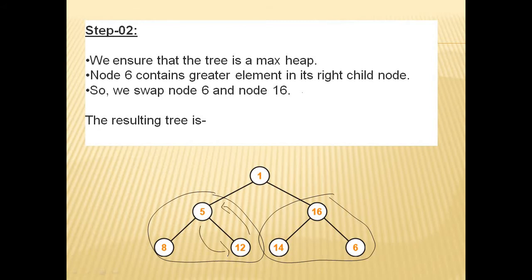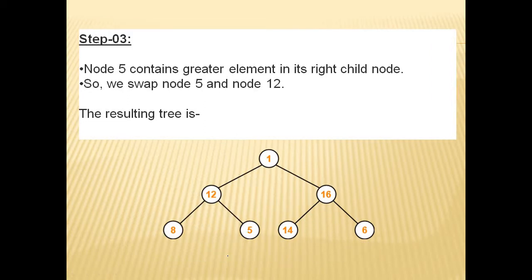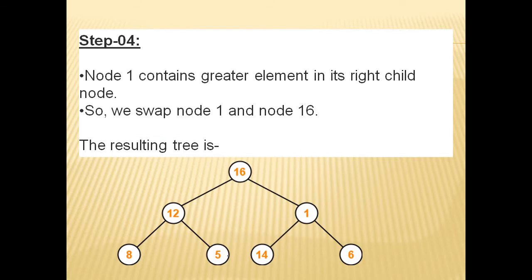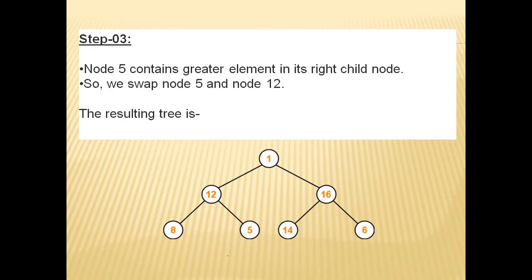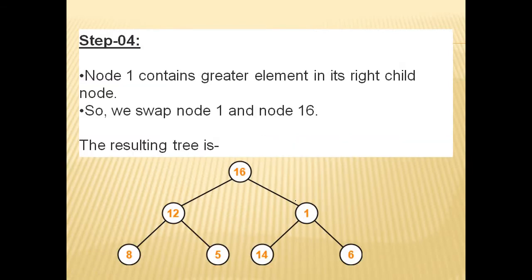After swapping, the tree is like this. Next, node 1 contains the greatest element in its right child node. When it comes to here, this is the greatest element, so we need to swap here to here and here to here. After swapping, we have 16, 12, 1, 8, 5, 14, 6.